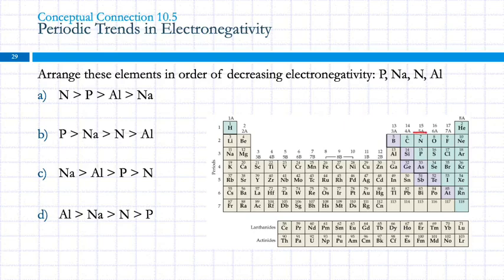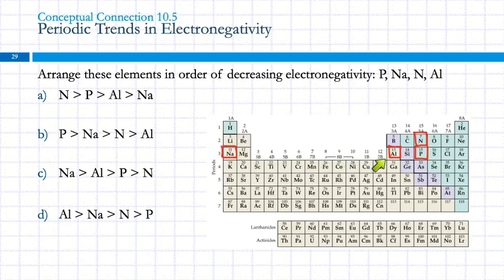So here's nitrogen and phosphorus and aluminum and sodium. So 3 of these are in the same period, so those are pretty easy to compare.